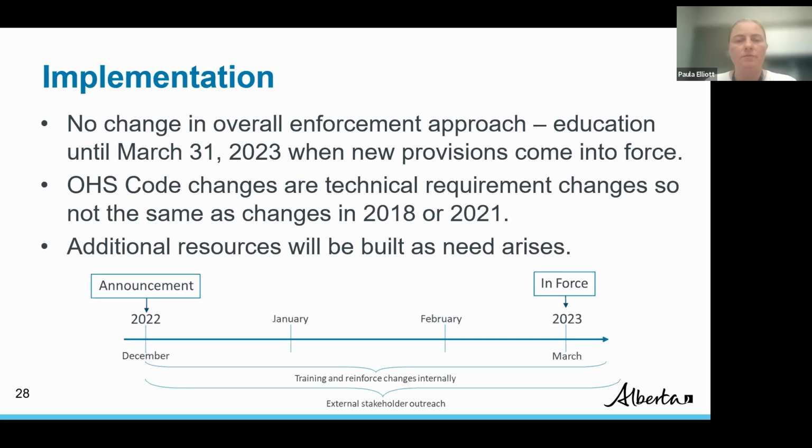So in terms of the changes themselves, they should be relatively simple to implement. We've actually created a number of resources, and we're trying to answer questions as they relate to specific work sites. And these changes are designed to enhance health and safety. So stakeholders can actually implement the changes prior to March 31st, as many of the actual changes will be over and above or equal to what's currently required.